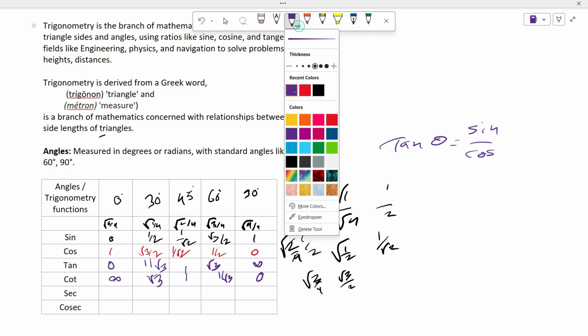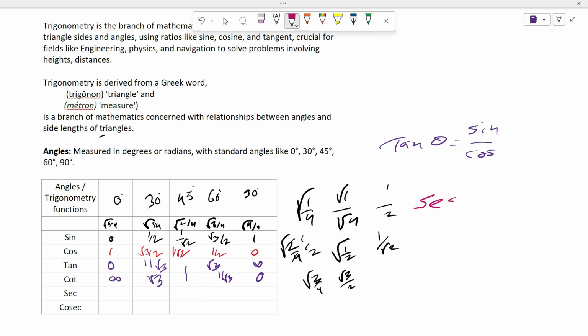Now let us change the color of the pen. Next comes secant theta. The formula of secant theta is secant theta is equal to 1 by cos theta.